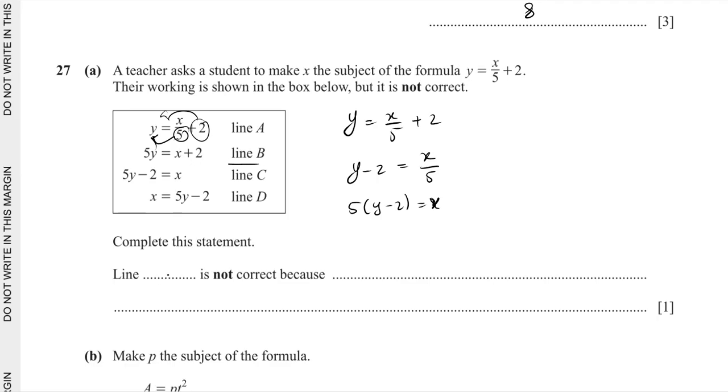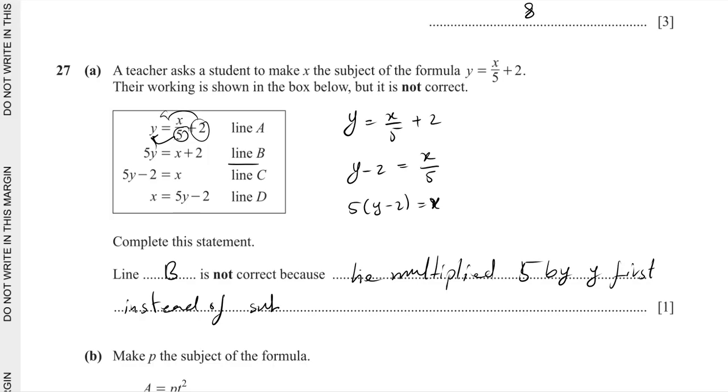So line B is not correct because he multiplied 5 by y first instead of subtracting 2 on both sides.